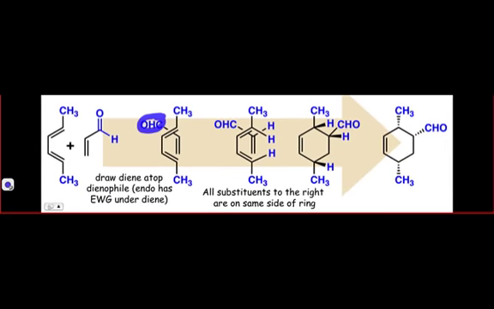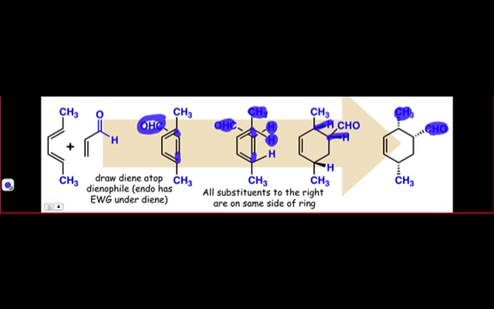Placing the reacting partners one on top of the other, we see that the newly forming bonds are here and here. And what you should notice is that the substituents that are on the same side of these bonds will end up cis in the product. So in other words, these two hydrogens will end up cis in the product, and sure enough, we've drawn them both with wedges, and the aldehyde and the methyl group will end up cis in the product, and sure enough, we've drawn both of these with dashes in the final product.